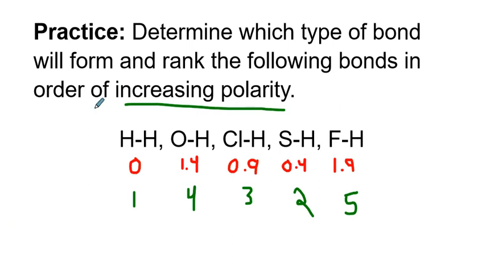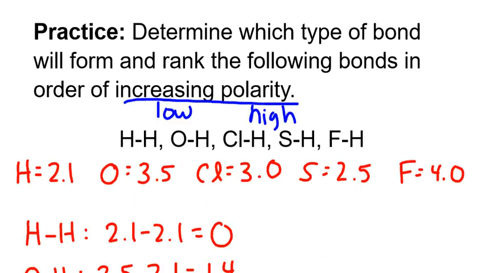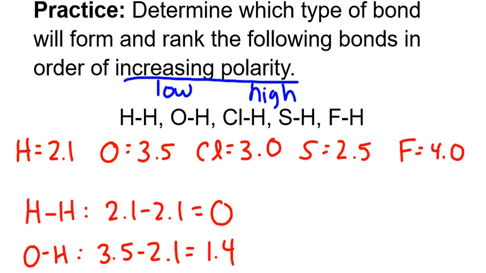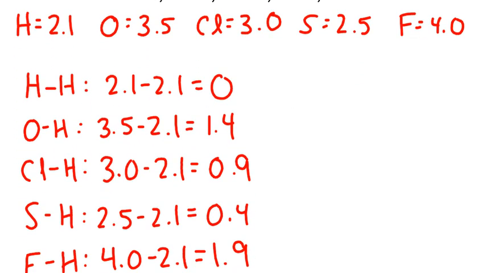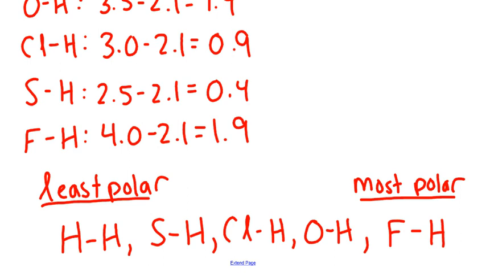So this is the lowest polarity, second, third, fourth, and then highest polarity right here is number 5. And you can see all that in terms of work and answers, and here it's written out in order.